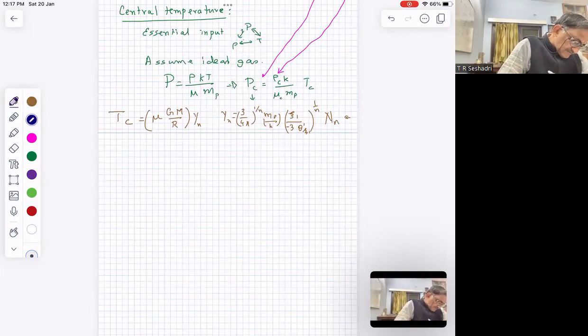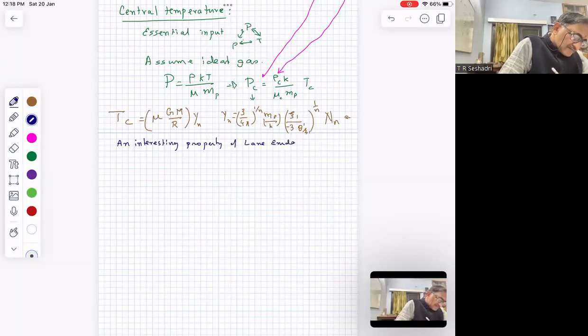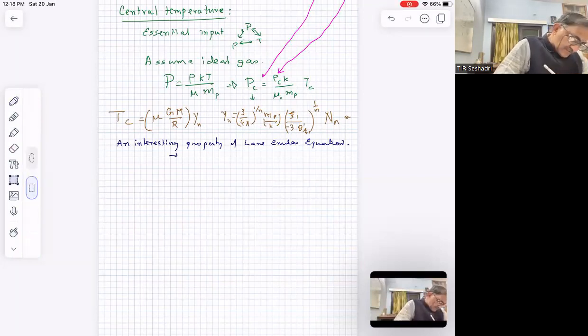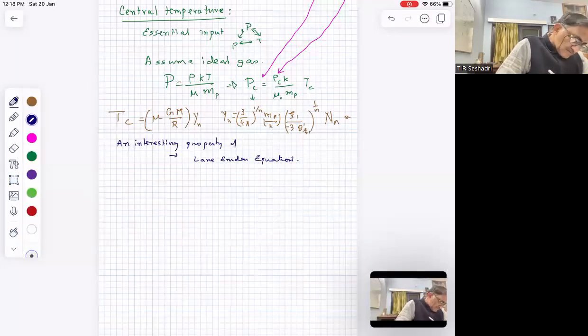So what I will call it, the solution to the Lane-Emden equation.